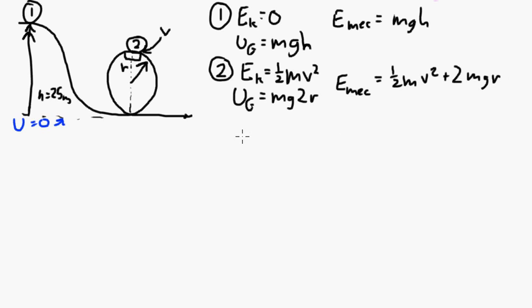This isn't going to solve everything for us. We get mgh equals 1/2 mv squared plus 2mgr, and we can cancel out the m's.